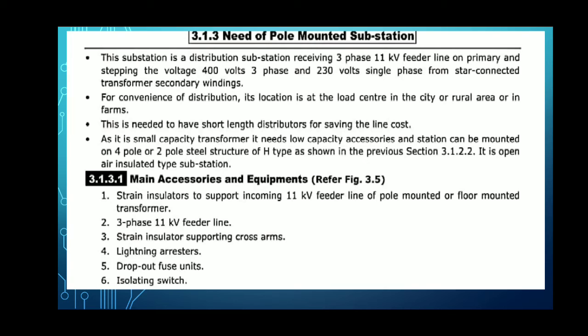There is a need to have short length distribution for saving line cost. So the length of the transmission may be reduced. As it is a small capacity transformer, it needs low capacity accessories, and the station can be mounted on a 4-pole or 2-pole steel structure of the H type, as shown in the previous section.